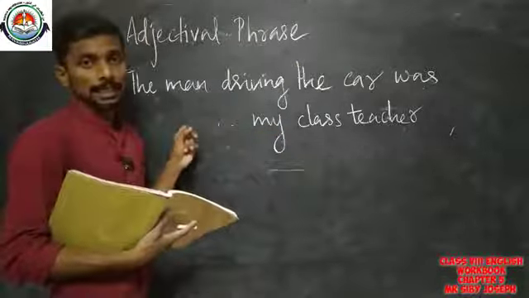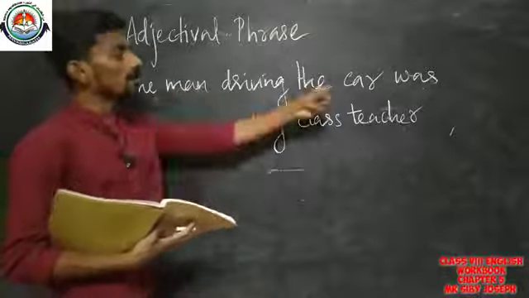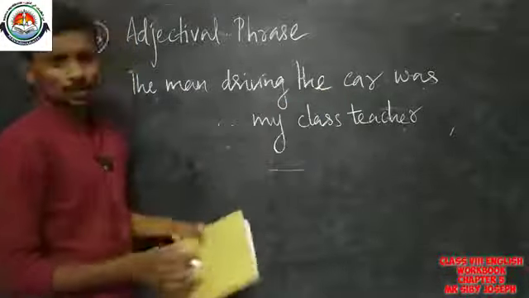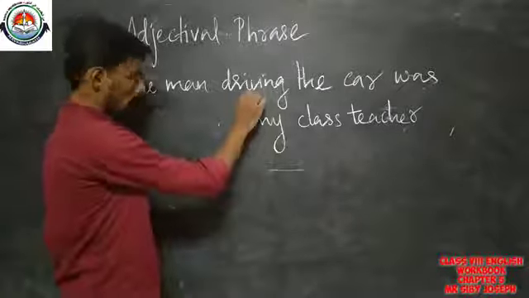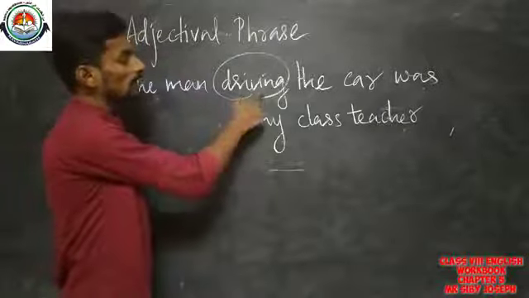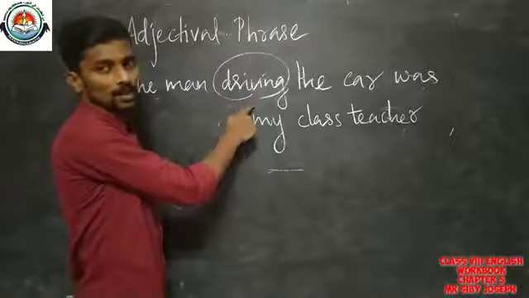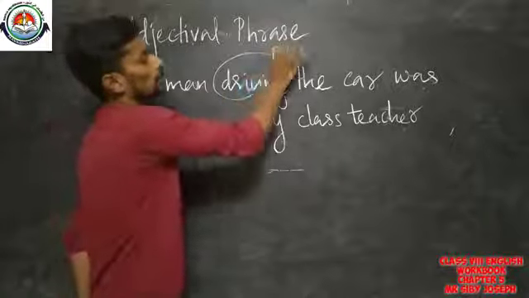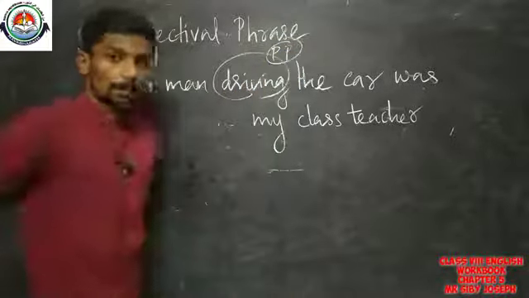So, he or she said that the man driving the car was my class teacher. Here also we have a present participle, driving. Driving is the ing form of drive, so we can undoubtedly say that it is an example of a present participle.